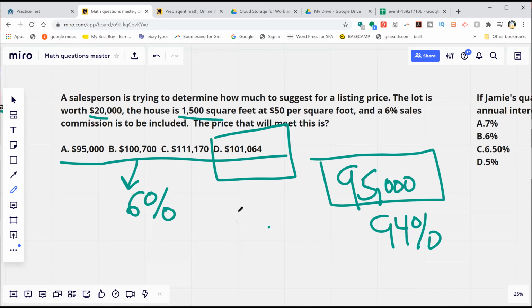Because when we're saying we have the lot and the house price and a 6% commission, all we have right now is 94% of the sale price. All we have with those two numbers is 94% of the sale price.